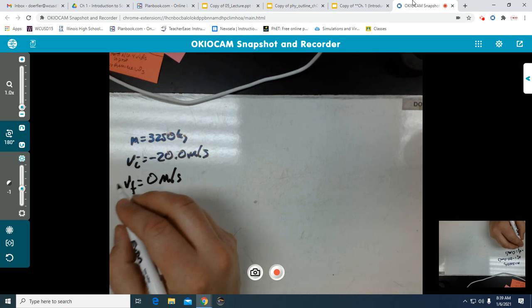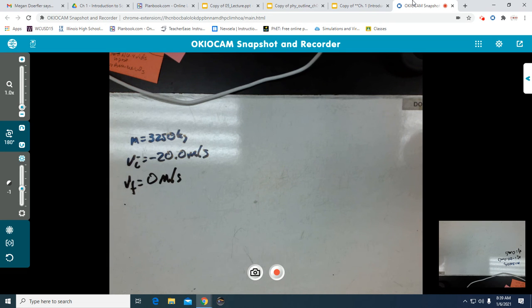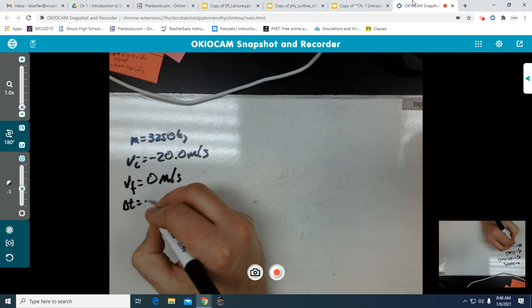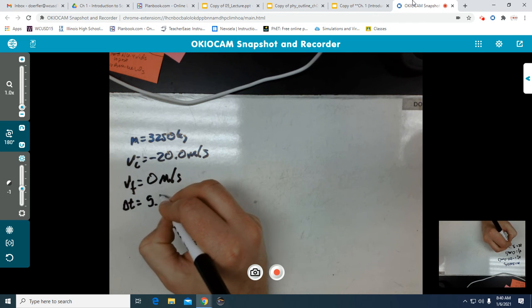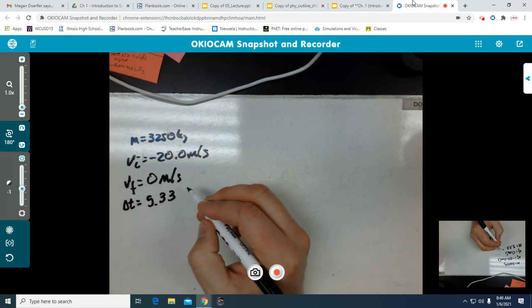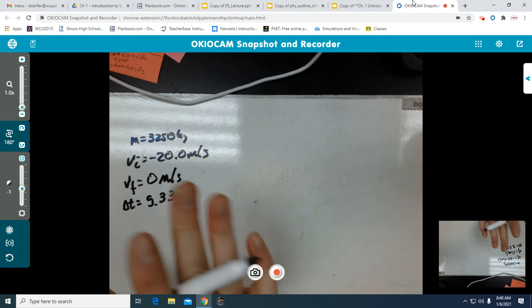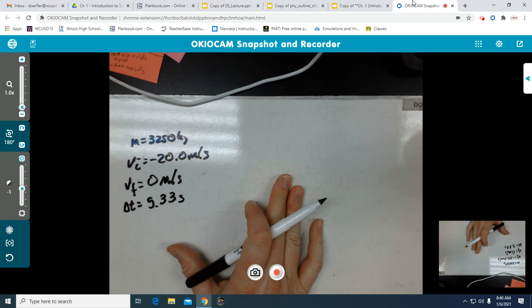Lost my spot. Also, if we had done question number 1, we would have noticed that in this scenario, it took 5.33 seconds for the car to come to a complete stop. I knew I should have done the first one.